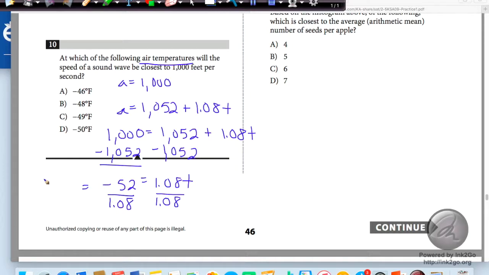It's going to be a little less than 50. Okay, so plugging that into my calculator, I'm going to get negative 48.15, and this is going to be my best answer. So answer B.